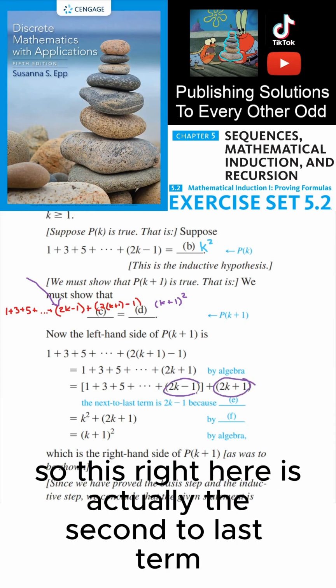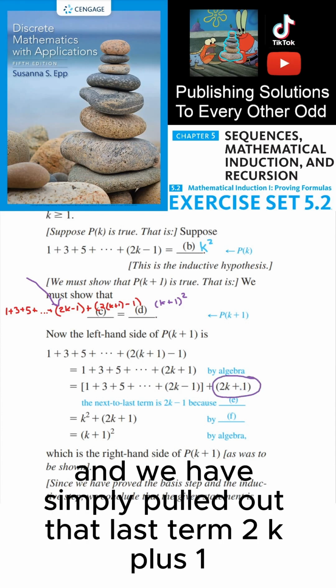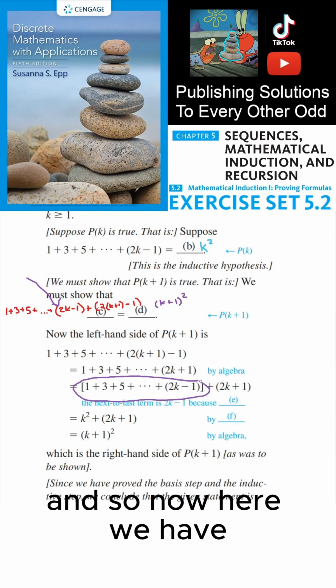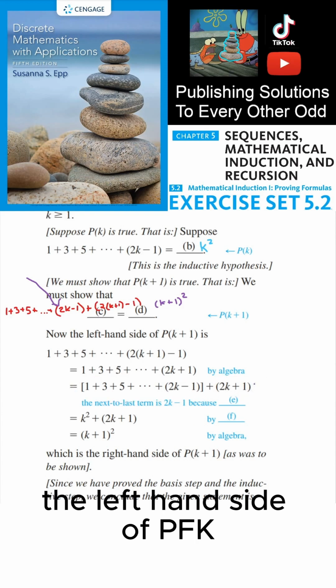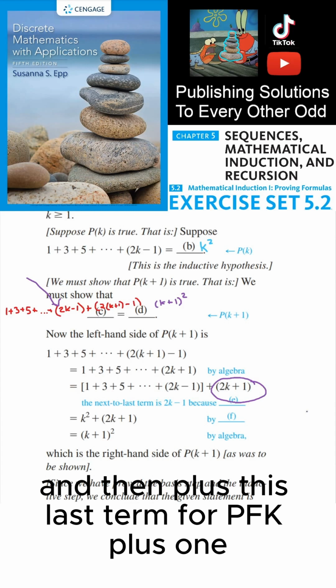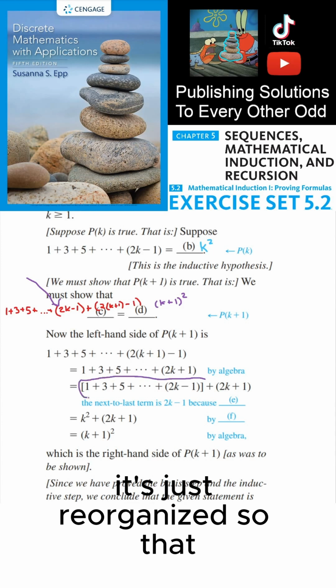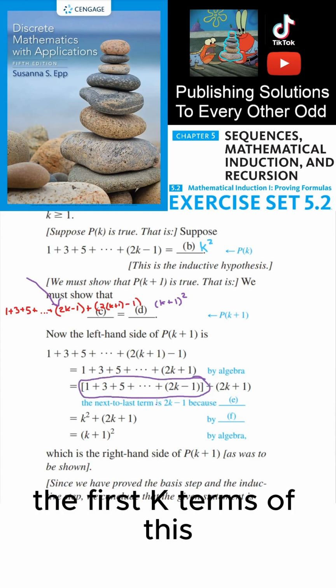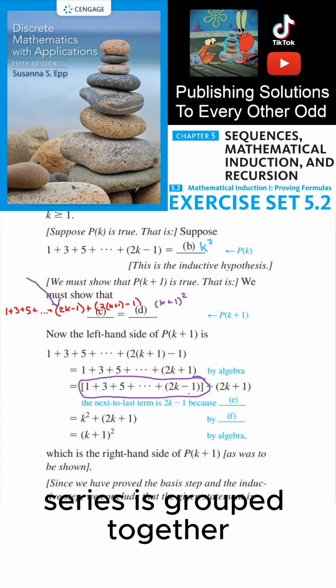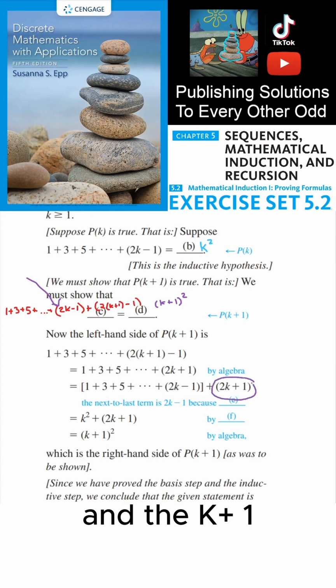This right here is actually the second to last term, and we have simply pulled out that last term, 2k plus 1. So now here we have the left-hand side of P of k, and then plus this last term for P of k plus 1. This is still the left-hand side of P of k plus 1. It's just reorganized so that the first k terms of this series are grouped together, and the k plus 1th term in the series is pulled out.